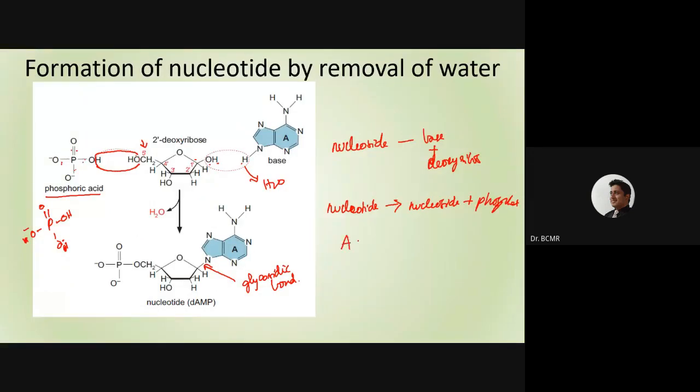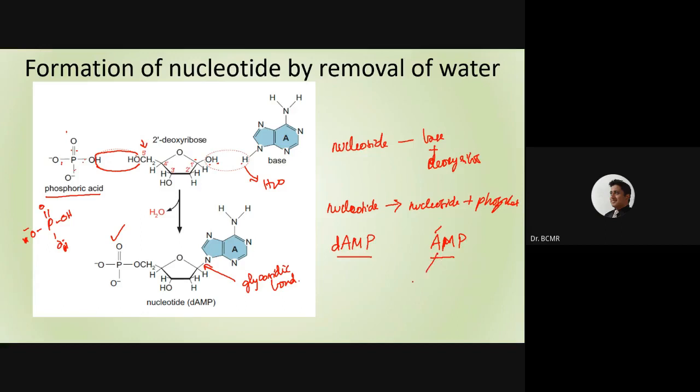So this is dAMP. What is the difference between dAMP and AMP? Adenosine monophosphate, AMP. Because there is only one phosphate group added here, you call it monophosphate. I am not saying adenine, I am saying adenosine.